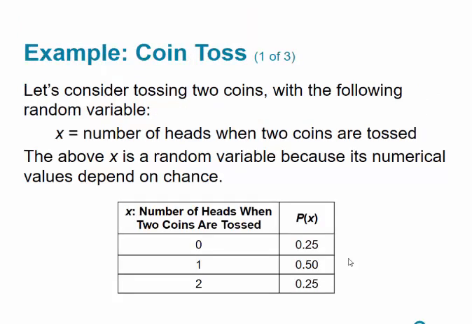Here's an example of a coin toss. Let's consider tossing two coins with the following random variable. x is the number of heads when two coins are tossed. The above x is a random variable because its numerical value depends on chance. The possibilities would be 0, 1, or 2. The probability of getting 0 is 0.25, the probability of getting 1 is 0.5, and the probability of getting 2 is 0.25.